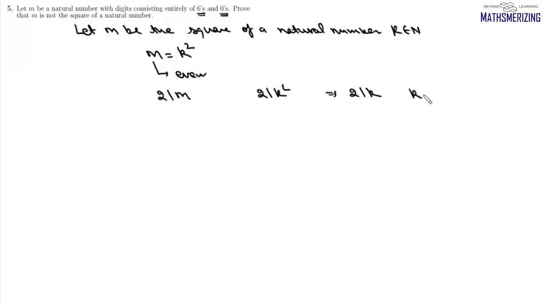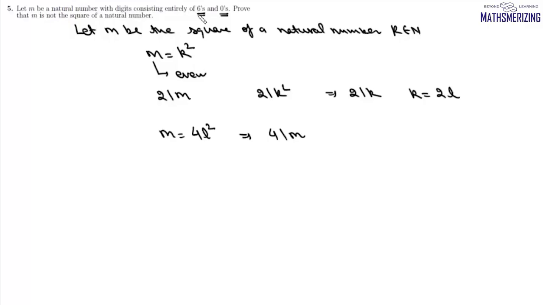So this k must be of the form 2l. So we can write this m will be 4l square. Now again we can say this m is of the form 4l square. That means 4 divides m.